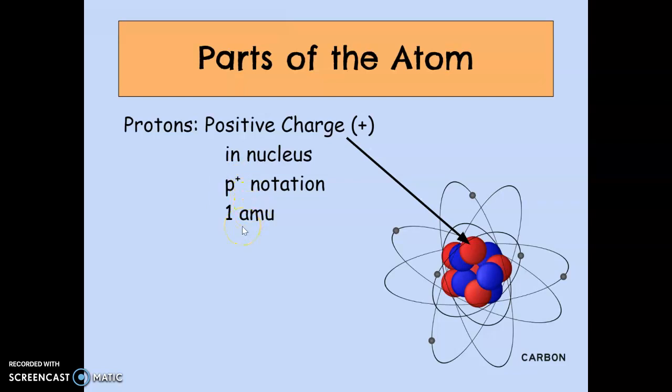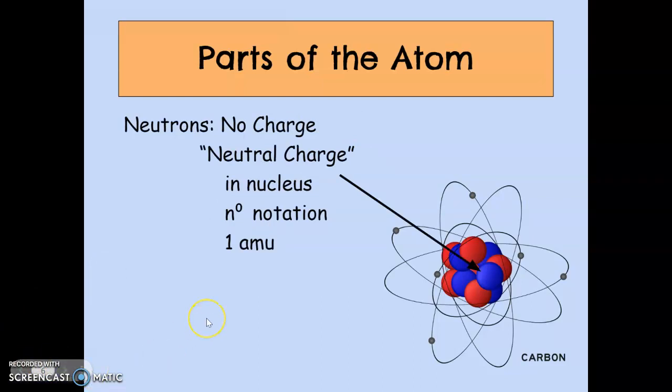It has a mass of 1 AMU, which stands for atomic mass unit. It's just a unit of measurement like gram, kilogram, etc. So it's an AMU. Neutrons are neutral. They have no charge.